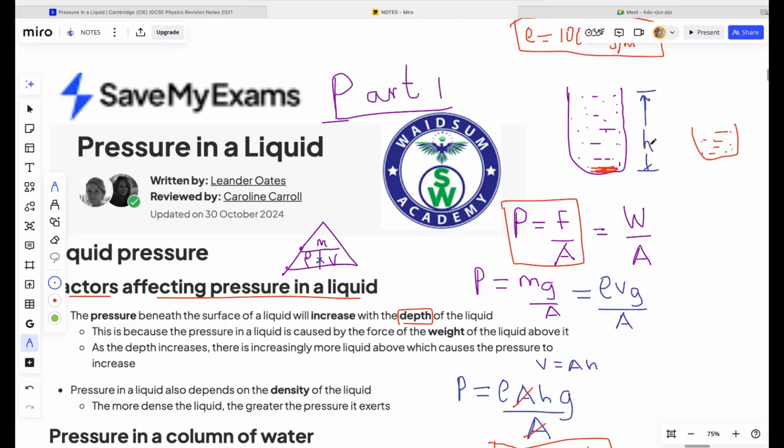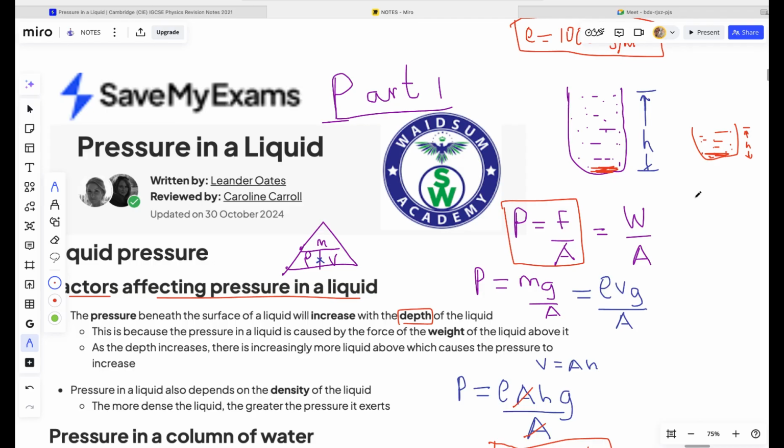The only determining factor now will be the height, which we call the depth. This one has a small h, so the pressure at the bottom here will be smaller than the pressure exerted by the liquid at the bottom of this container.